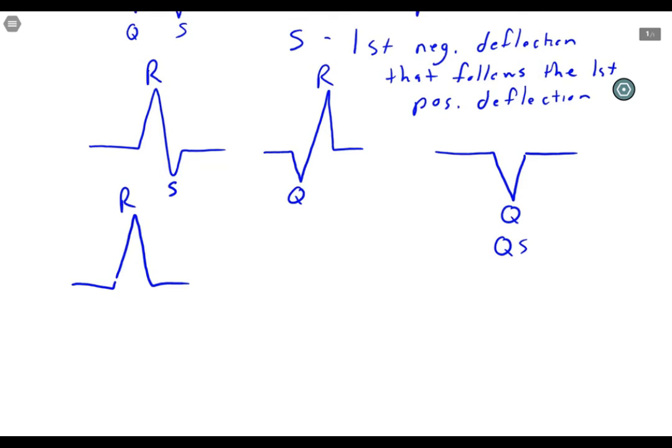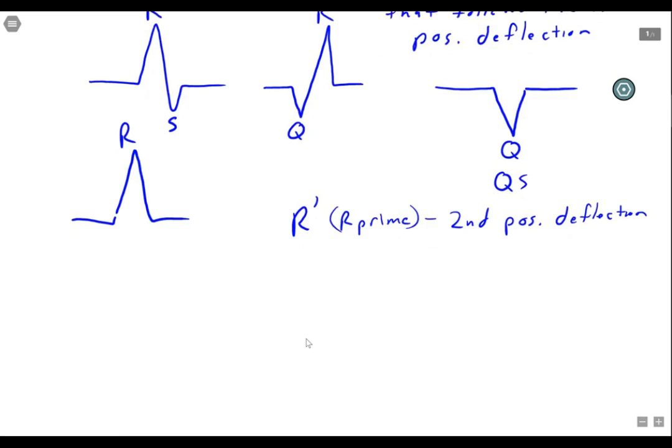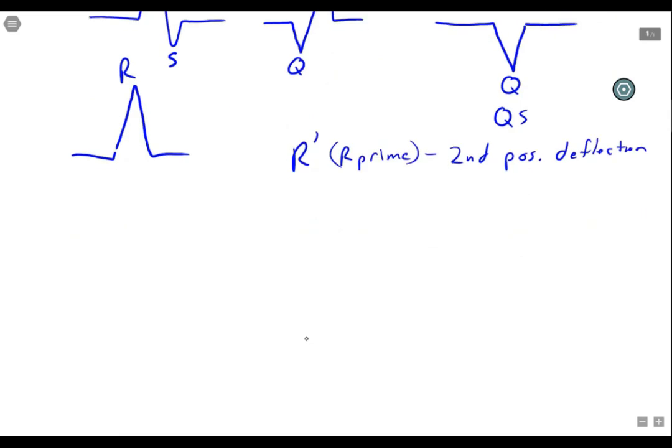There is one more wave you should know about, typically called R prime. R prime. This is the second positive deflection. And this is important when we talk about bundle branch blocks. It comes in handy. So what would that look like? Let's say we had this scenario.